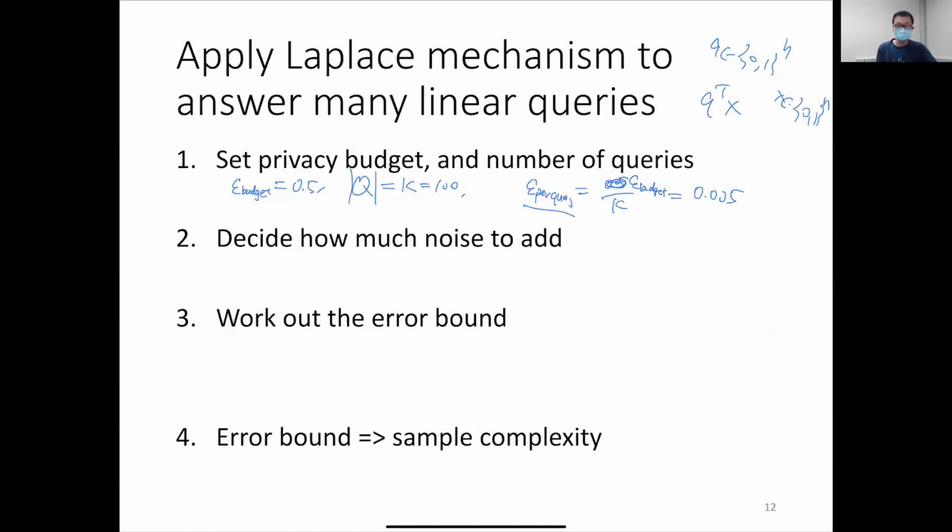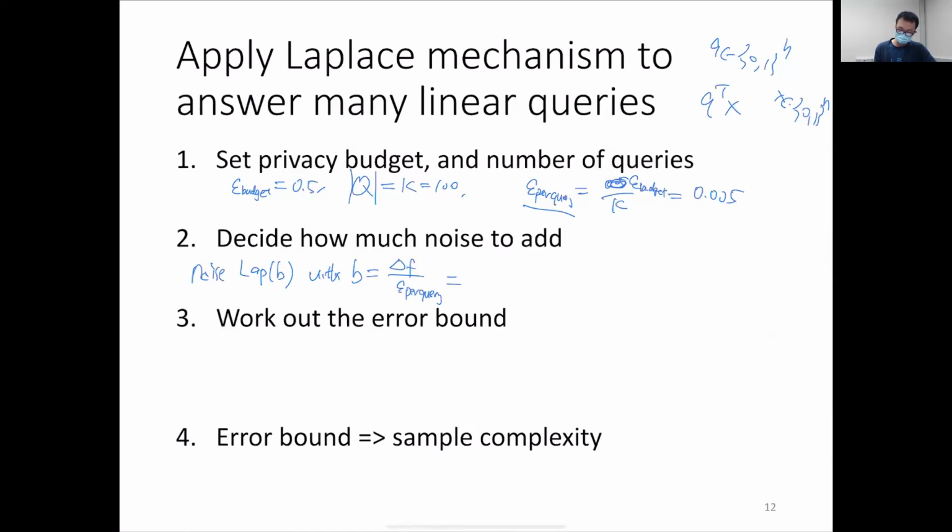Okay, so once we have this, we need to decide how much noise to add. And by the Laplace mechanism formula, we know that we'll need to choose the noise with the b parameter being the sensitivity of these queries. We've calculated that the sensitivity for all counting queries, for all linear queries, is 1, and this is divided by epsilon per query.